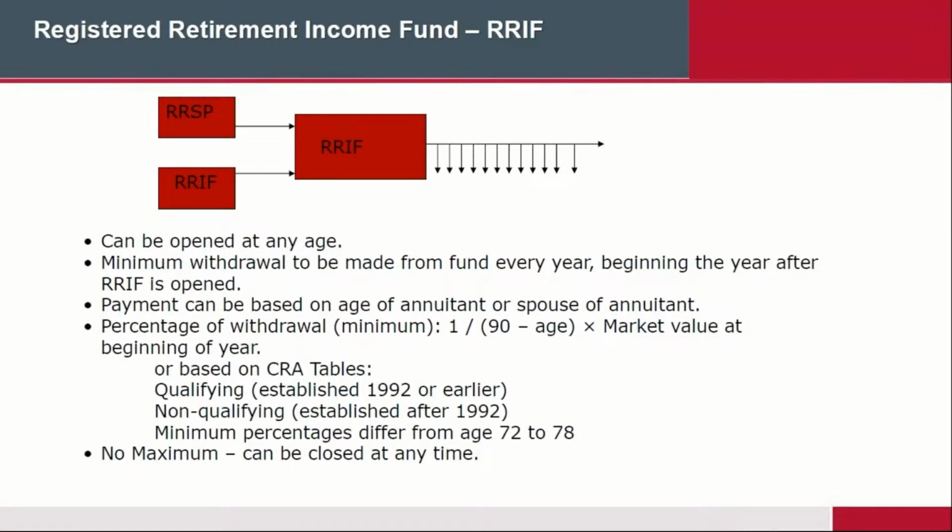There is what's called qualified RIFs, in other words, RIFs that are purchased prior to 1992, and non-qualified, which are basically after 1992. And the difference really between one and the other is that between age 72 and 78, the percentages are slightly different. At age 78, it doesn't really matter. Okay.